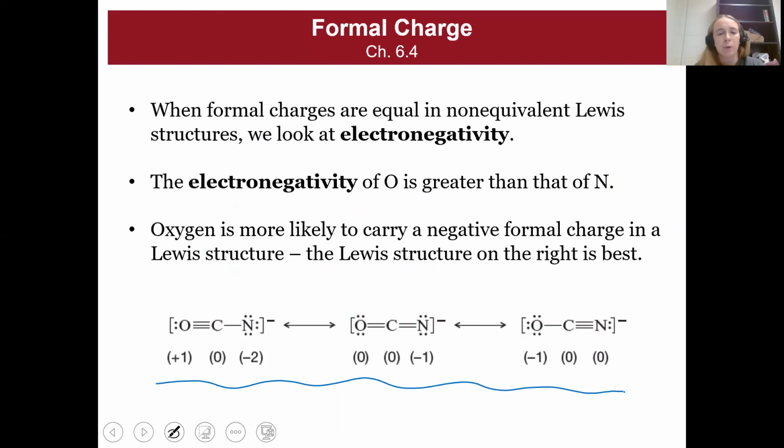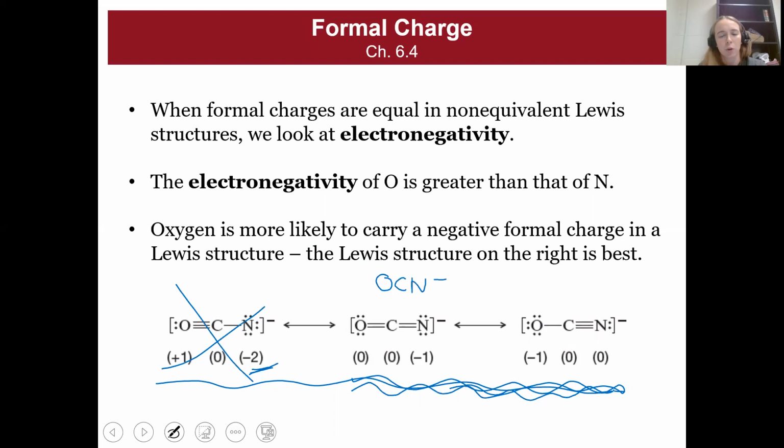So we have 3 different structures here, and the formal charges all add up to -1 because this is the OCN negative ion. This structure is definitely not the best because we've got a -2 in there, but these two are the same. They have the same formal charges just on different atoms in our Lewis structure.